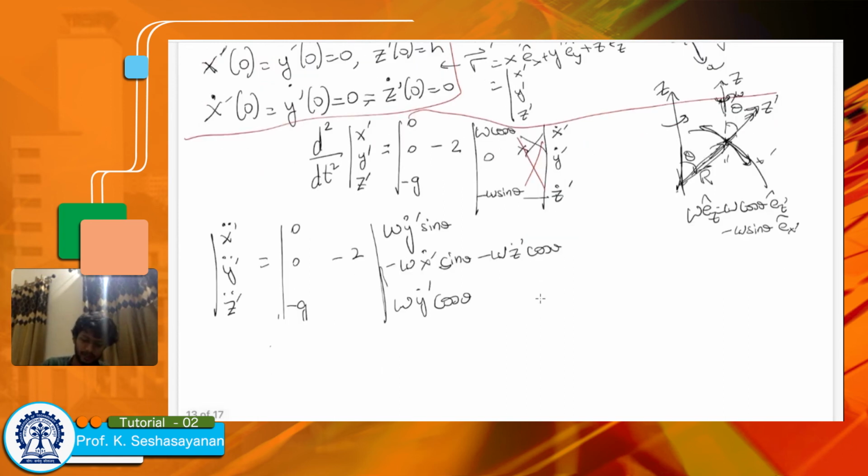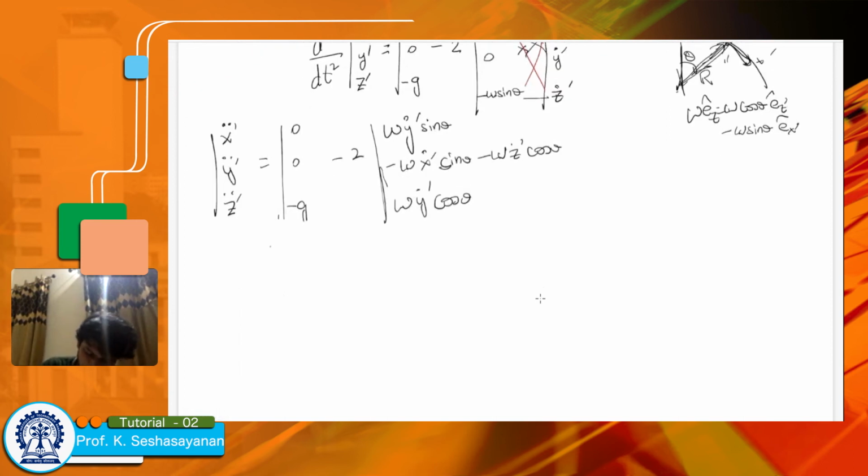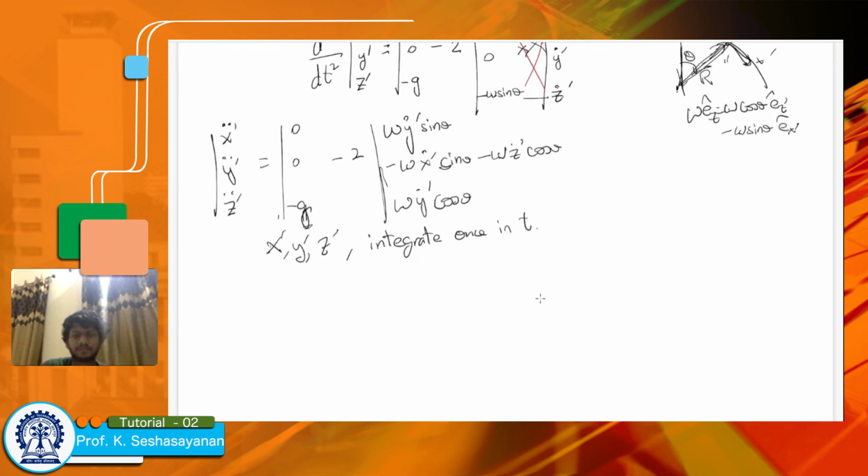So this is our governing equation. Since we don't have any explicit x prime, y prime, z prime, we have only derivatives with respect to time or constants, we can integrate once in time.